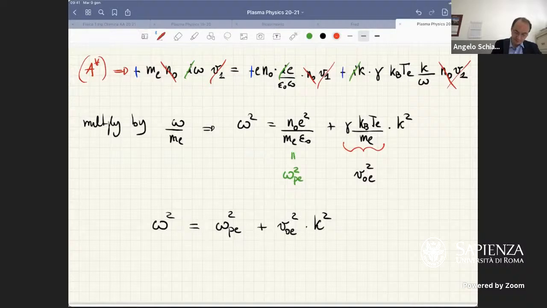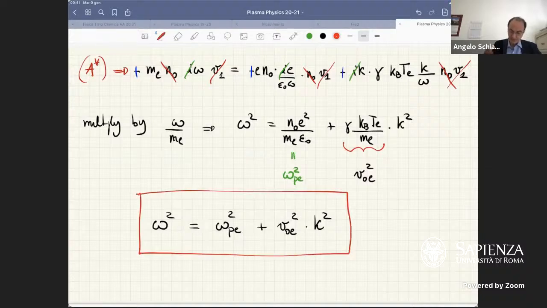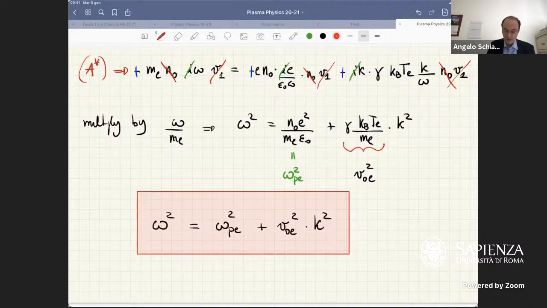And finally, this is the point where we wanted to get. This is exactly the dispersion relation for electrostatic waves.